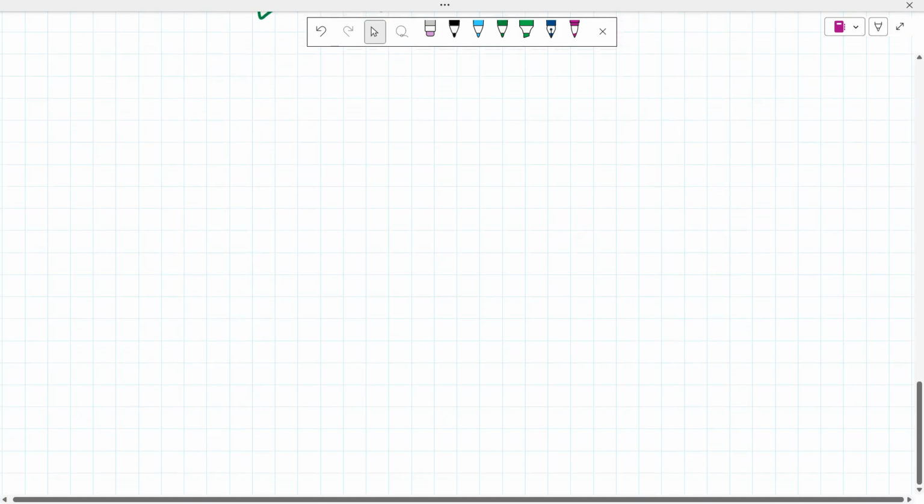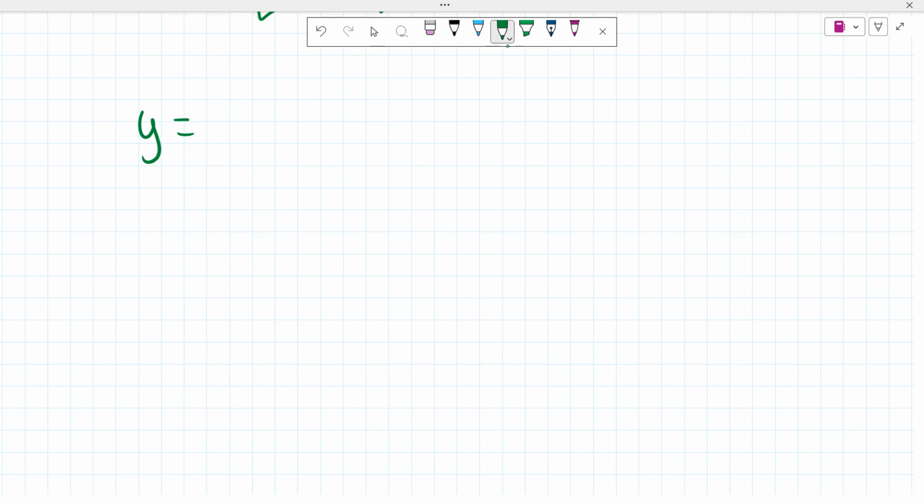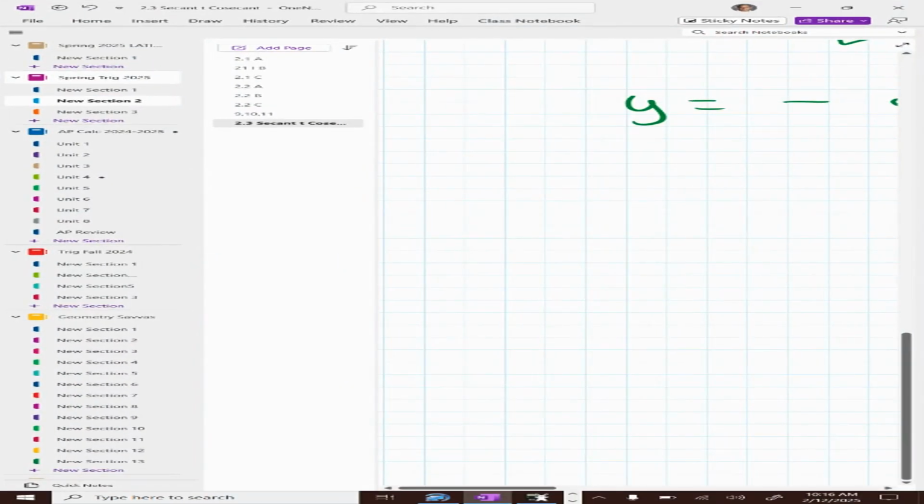Okay, let's do another one. Let's go y equals negative cosecant of 2x. Let's figure out what we got going on there.